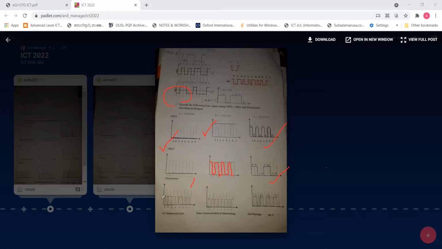Then Manchester, all are zeros. You have to draw the sets. You have to draw like this. Each part you have to draw the set like this. This is correct.